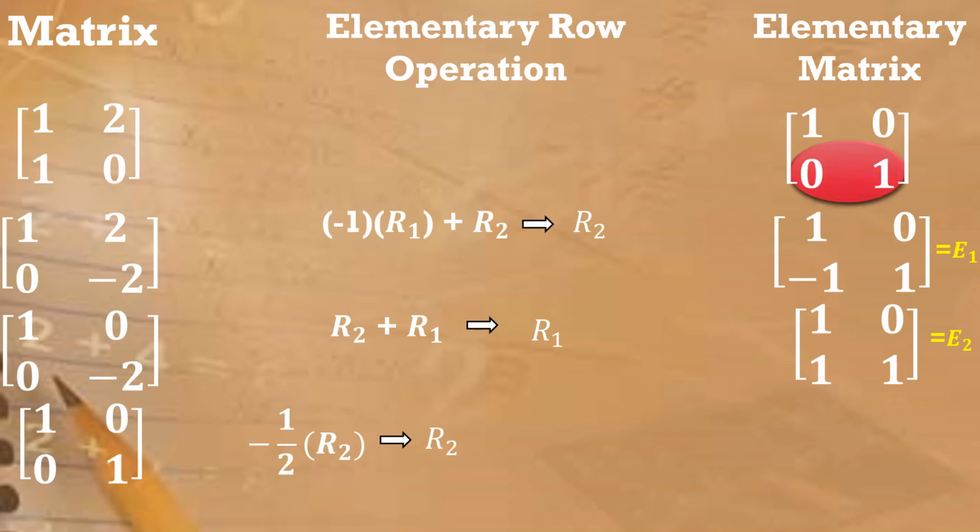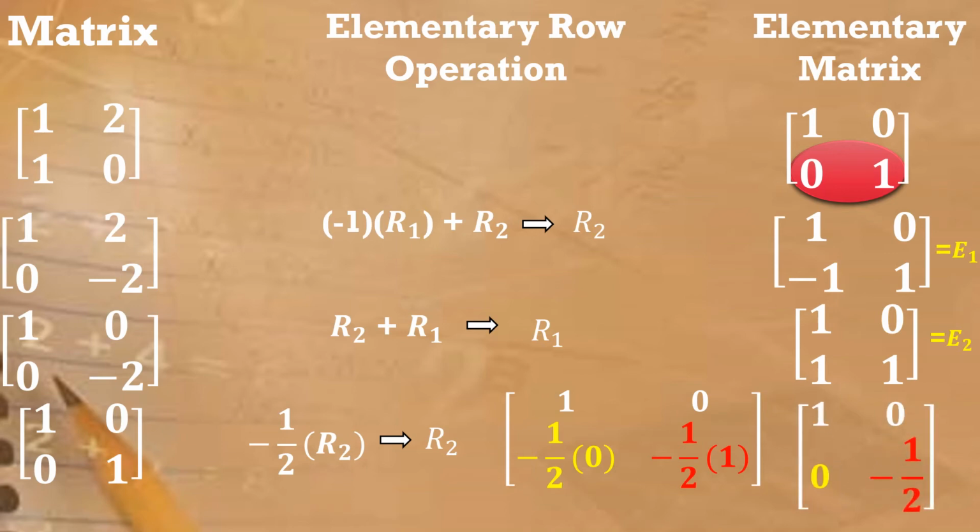So this is our row 2: negative 1 half multiplied by 0, and negative 1 half multiplied by 1, equals 0, negative 1 half, with our newly formed row 2. So this is our third elementary matrix.